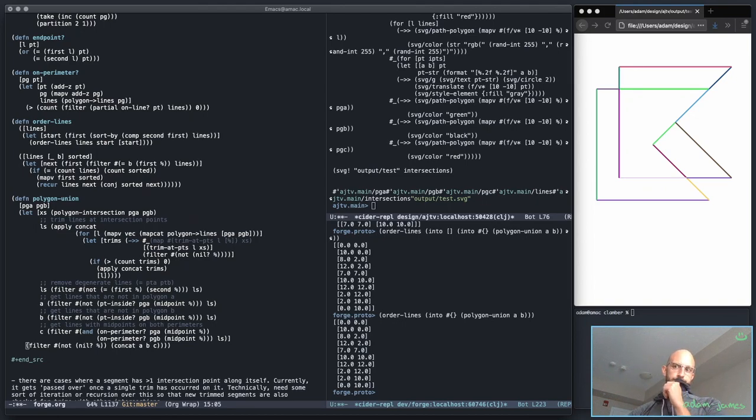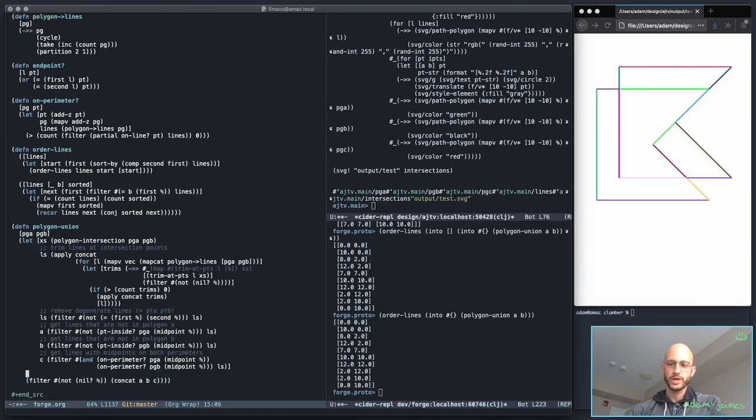Okay, so I'm a little bit concerned about where to put... let me write this a different way now. Thread last, this list, A, B, C. This list of lines gets threaded through this filter, not nil.